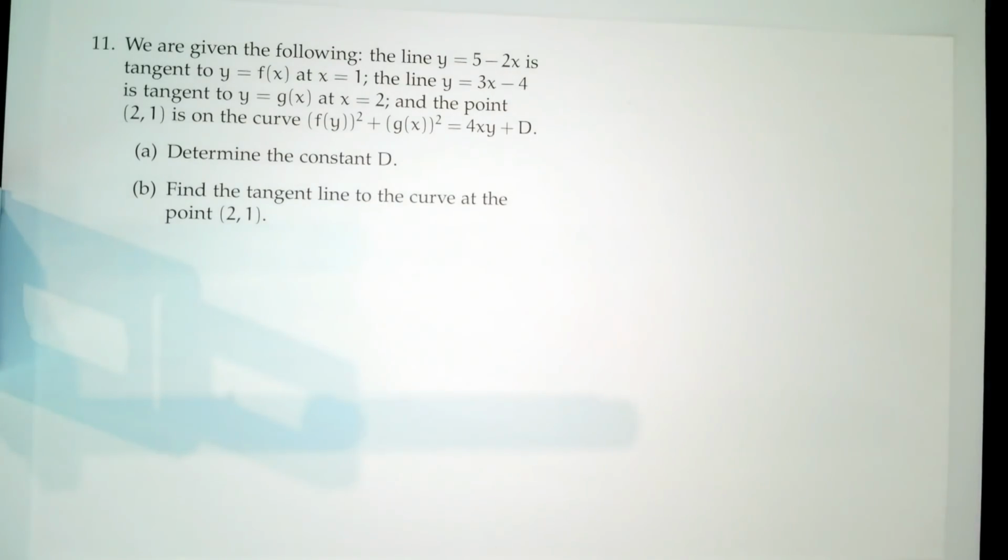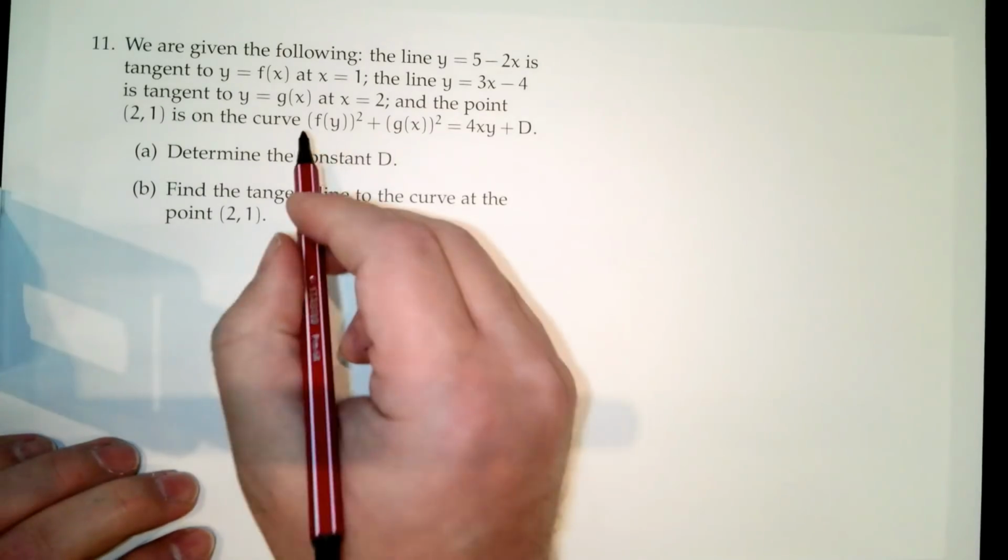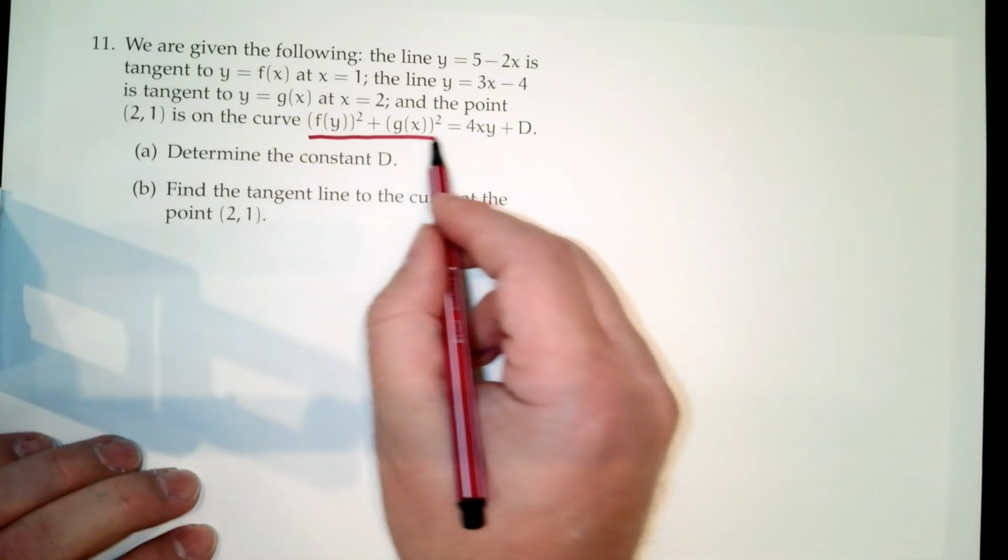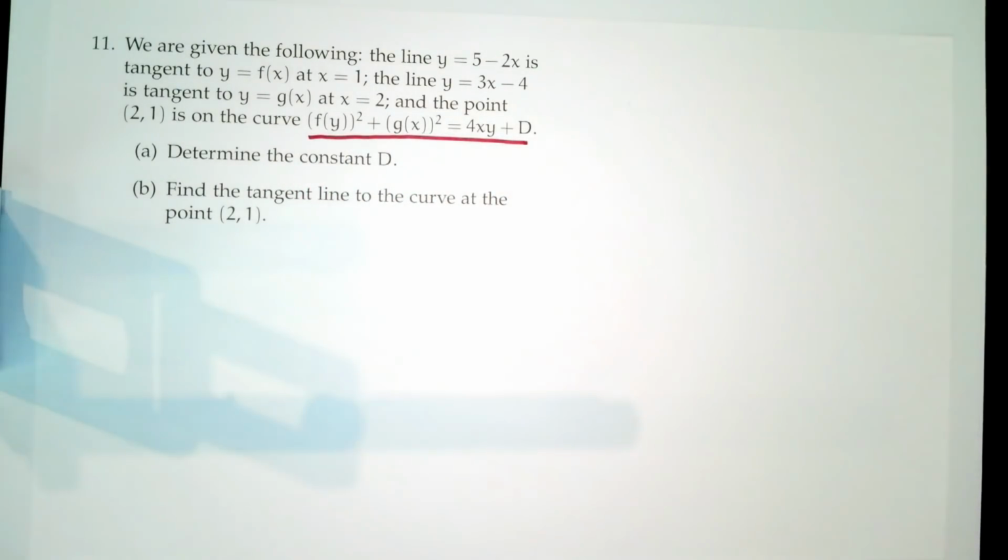Okay, so let's think a little bit about what we're being tested on here. First off, this expression, f of y squared plus g of x squared equals 4xy plus d, what is that? What name do we have attached to that? I'm sorry, I feel like I'm not asking the question very explicitly here.